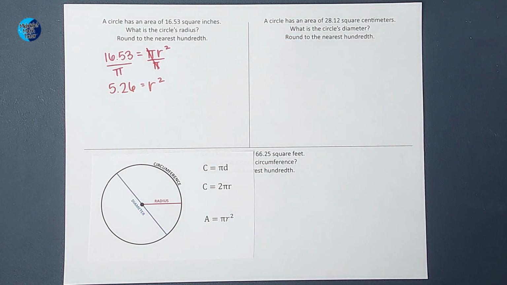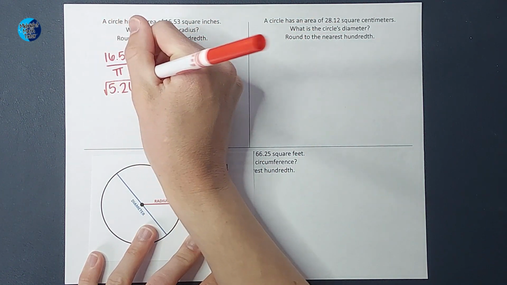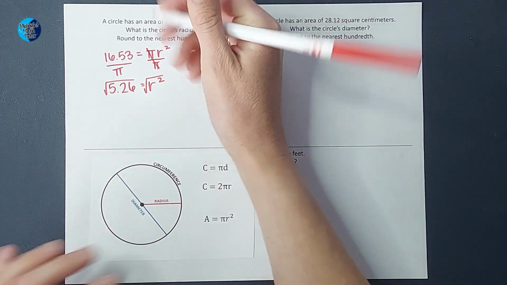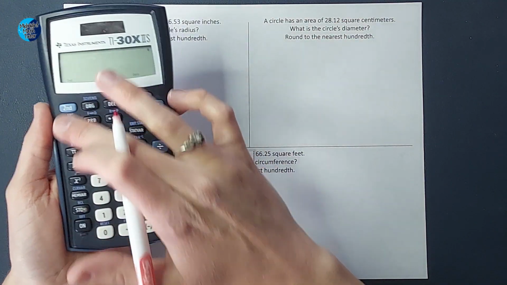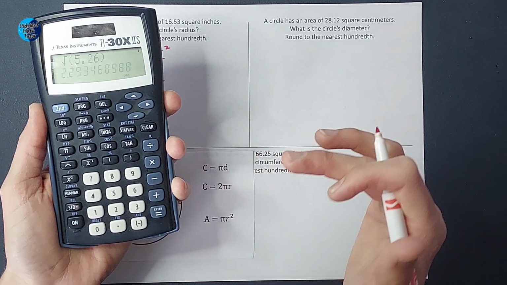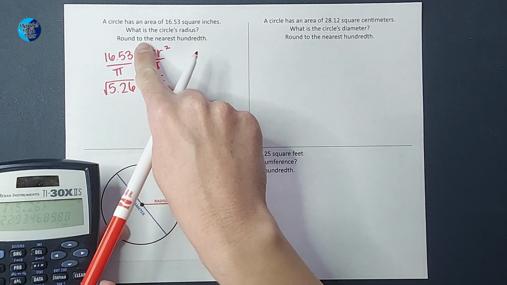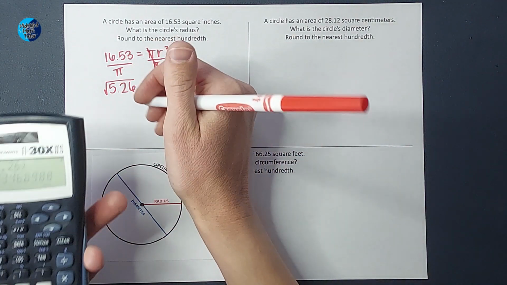Now, we might be tempted to be like, oh, r's alone, happy day. But we don't want that squared there. How do we get rid of squareds? Well, we take the square root. Okay, so I end up with taking the square root of 5.26, 2.29346. It keeps going. This asks me to round to the nearest hundredth.